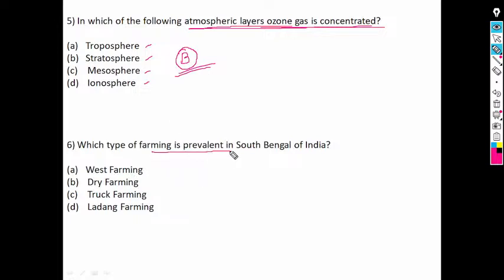Which type of farming is prevalent in West Bengal of India? Waste farming, dry farming, truck farming, or ladang farming.